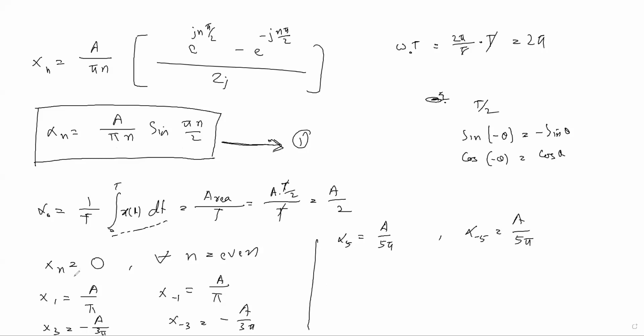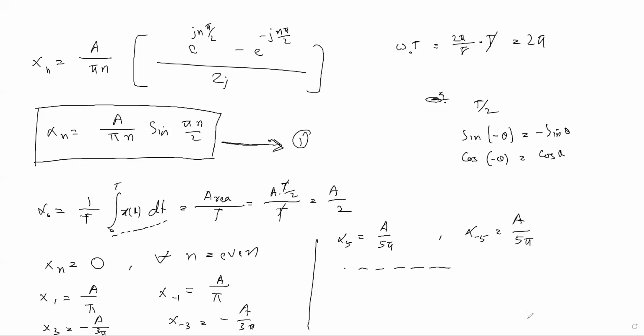Then what is the value for even n? Because sine is there, all the even part will be 0. So what are the odd part values? I have given three examples, and like that you will get the others also: x1, x minus 1, x3, x minus 3, x5, x minus 5. I have shown the values. Okay, so over.